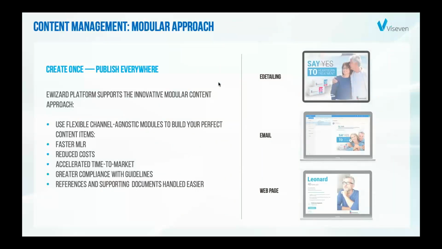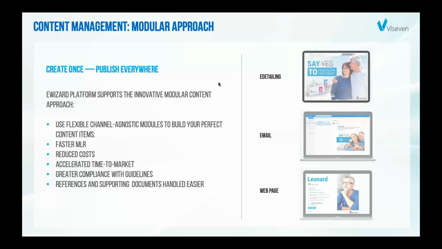And that's what our create once and publish everywhere approach is: one and the same module, by which I mean the message or the claim, can be a part of any type of channel, and there is no need to develop each channel type separately.